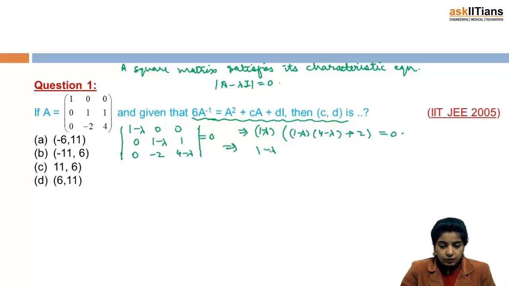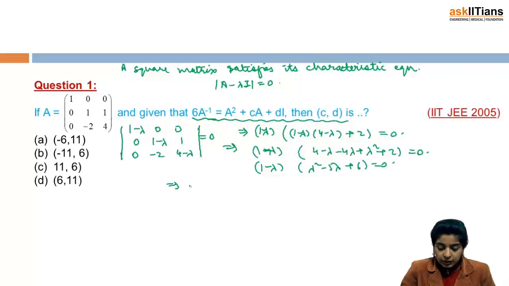This will give me (1 minus lambda)(4 minus lambda minus 4 lambda plus lambda square) plus 2 is equal to 0. This will give me (1 minus lambda)(lambda square minus 5 lambda plus 6) is equal to 0.